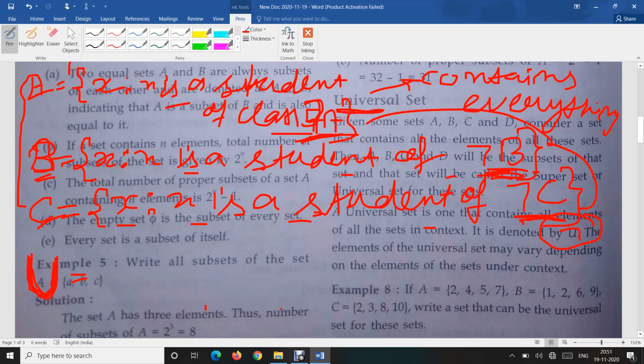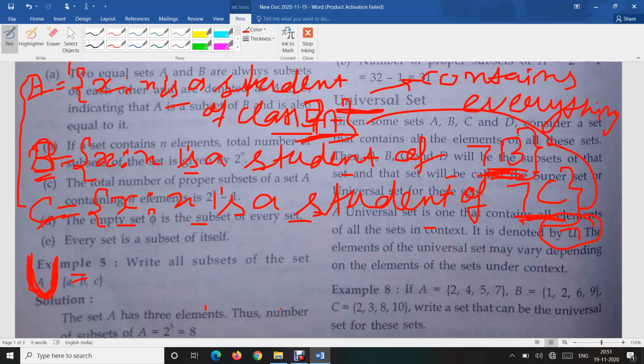Now suppose you have two sections, 7th Lily and 7th Dahlia. If we combine the students of both sections, the whole class makes together class 7.